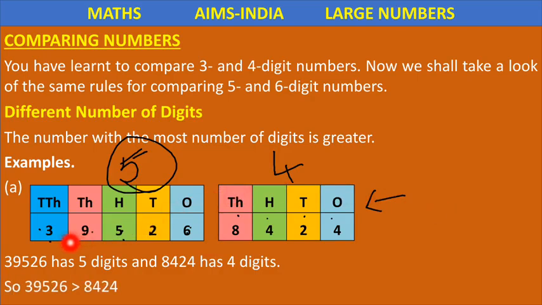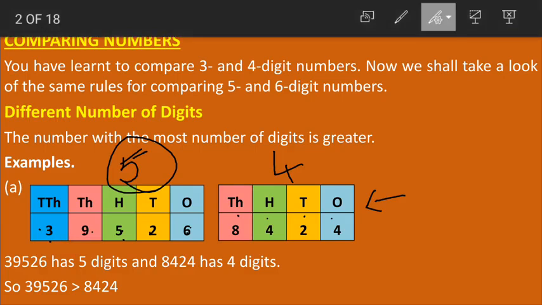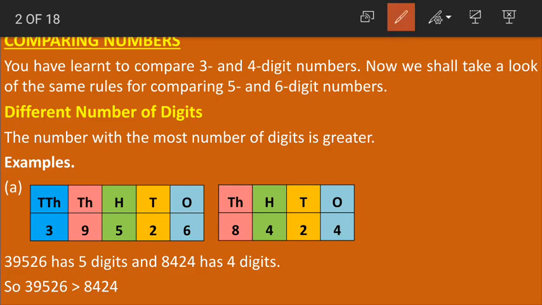So 39,526 is greater than 8,424, right? And coming to this symbol, do you know what it means? This sign here means greater than, and we have another sign which looks like this, which is called what, children? It is called less than.